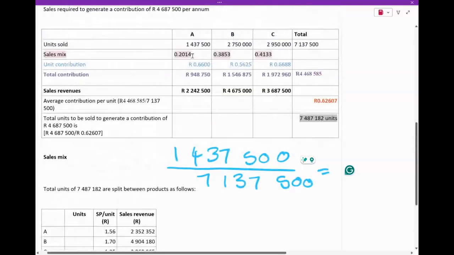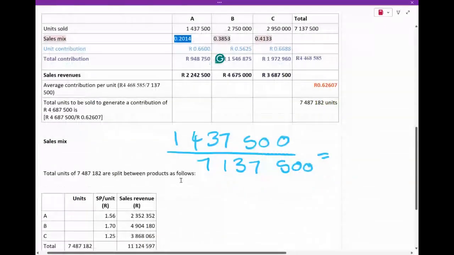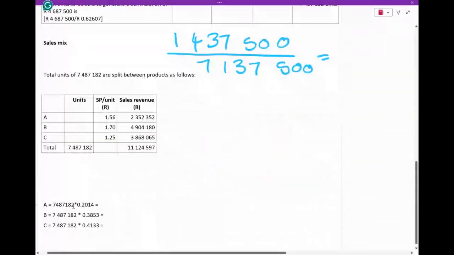Here, remember, we have our sales mix already. So you literally are taking that and multiplying it by that 7 million that we calculated in terms of units.